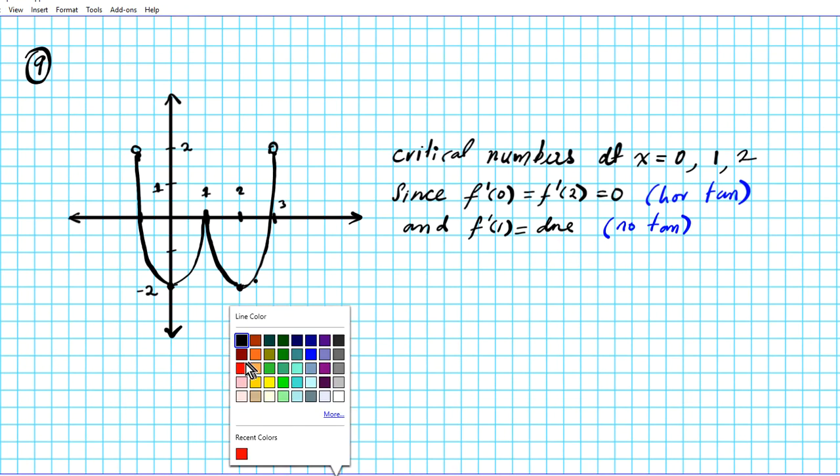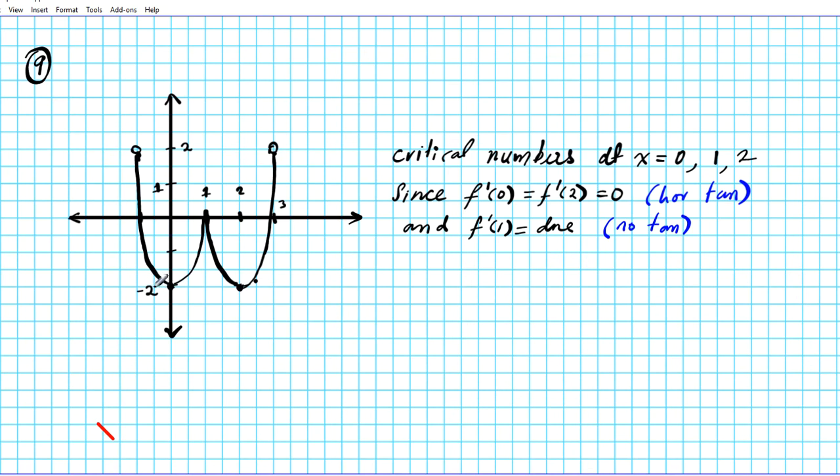Let's go ahead and illustrate them in the graph. At 0 and 2, we have horizontal tangent lines. But at 1, there is no tangent line there. So here we have f prime of 2. The slope of the tangent line is horizontal, so 0. And then here, f prime of 0 is equal to 0.